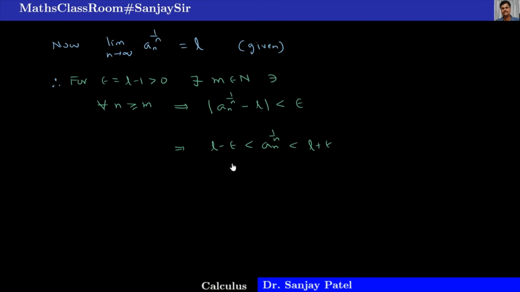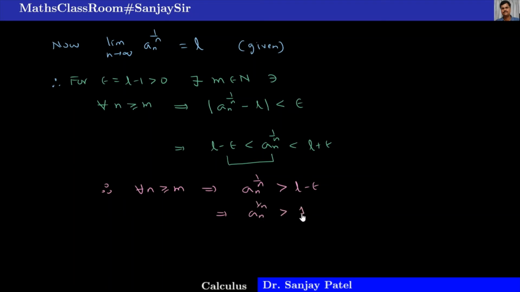Okay. Now in this, I want to consider only this first inequality. A less than B and B less than C. Everything is true. So I can write it as, for every n greater than or equal to m implies a_n raised to 1 upon n is greater than L minus epsilon. But L minus epsilon is equal to 1 because of our definition of epsilon.